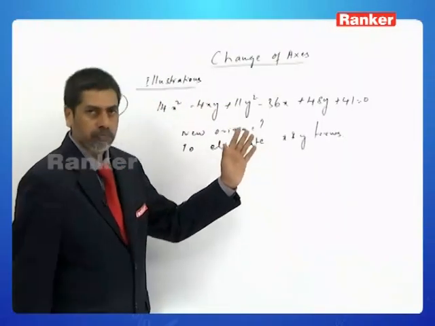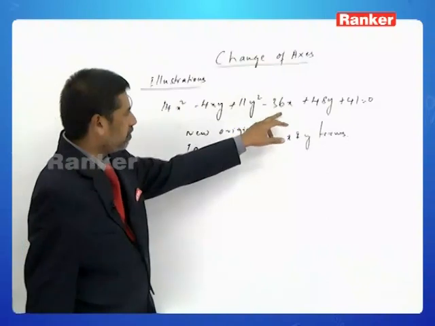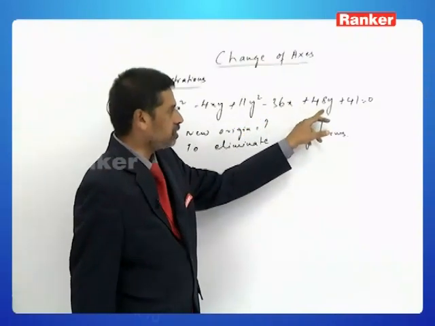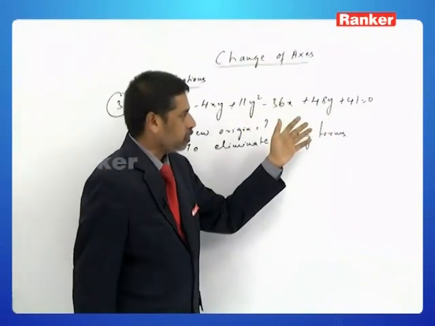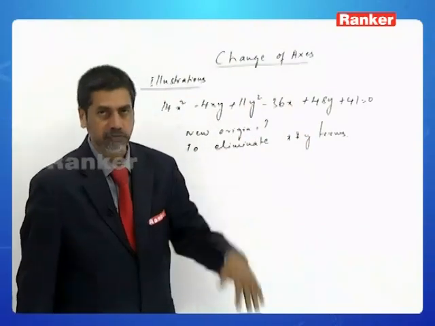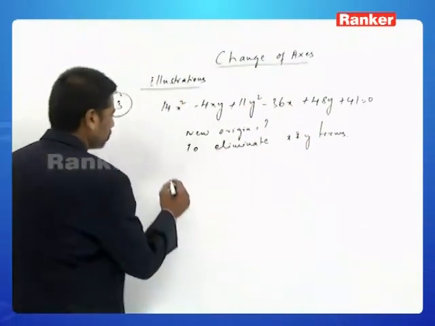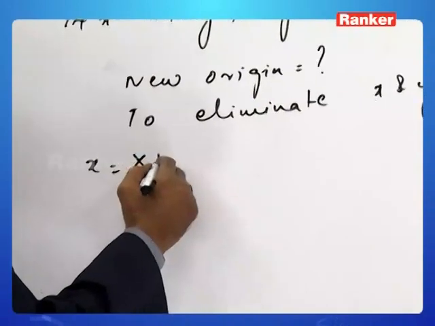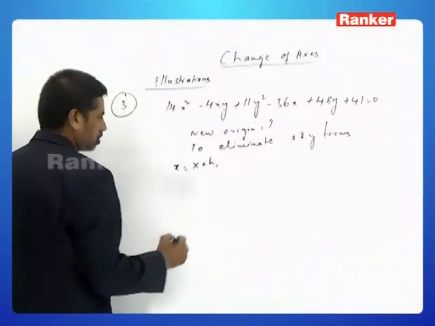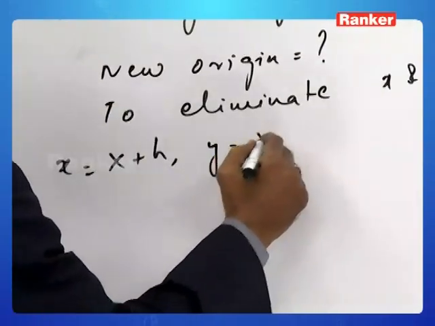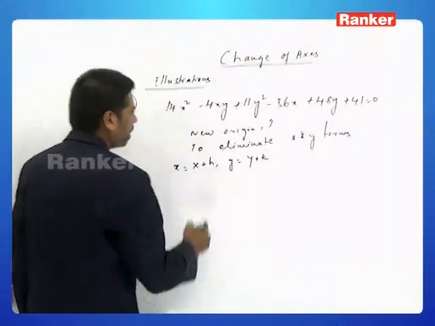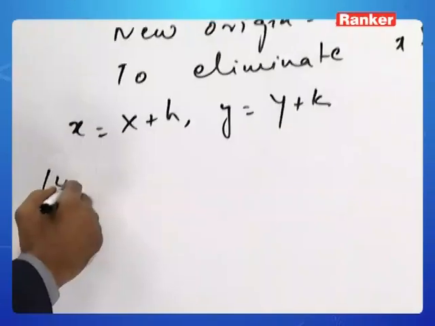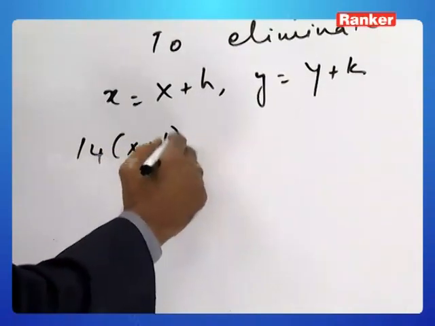The meaning of this problem is we must eliminate the first degree terms, the linear terms, and if that has to happen, where should the origin be shifted? So what you do is use your theory. Small x is equal to capital X plus h, small y is equal to capital Y plus k, and substitute in that equation.